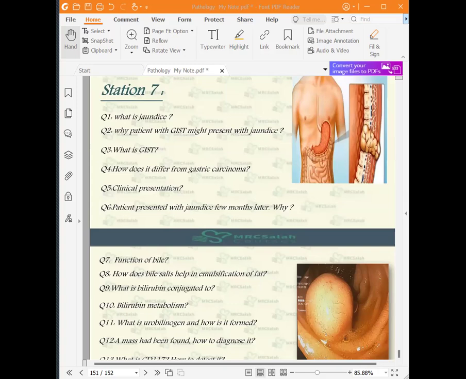Gastric carcinoma arises from epithelial cells. Gastrointestinal stromal tumor commonly metastasizes by blood, rarely by lymph node. Gastric carcinoma commonly spreads by lymph node.